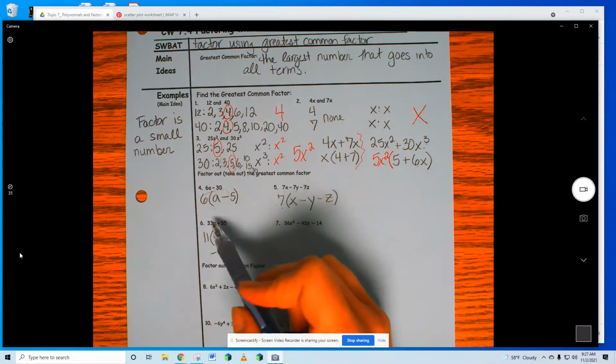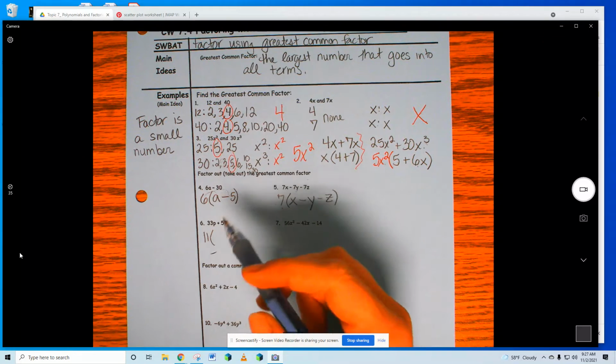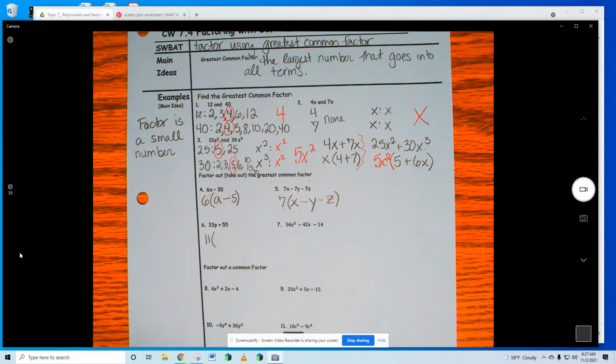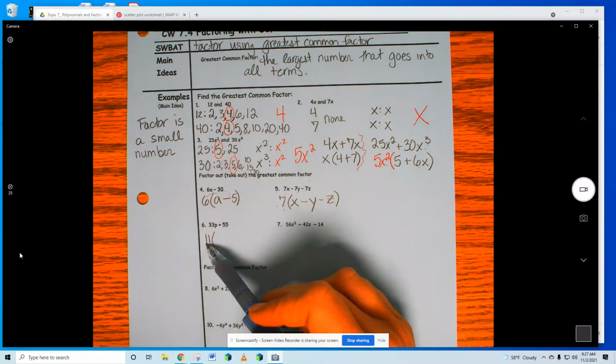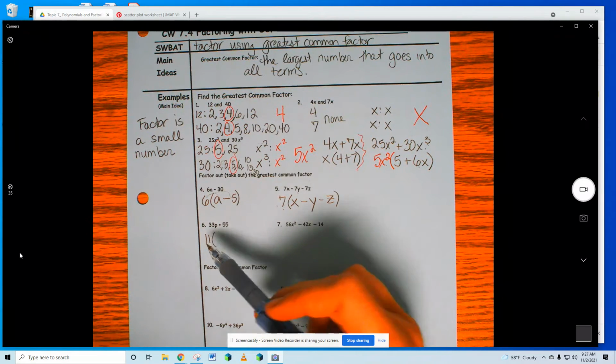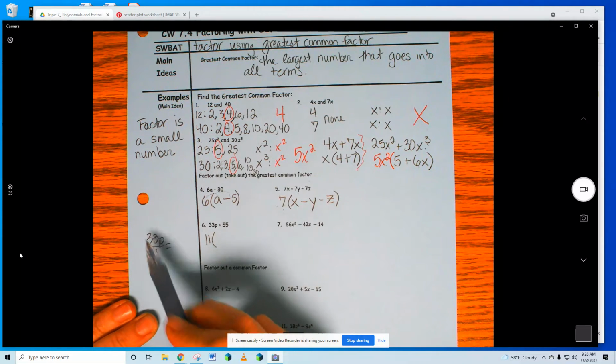33p with an 11 divided out. Go a little slower, guys. Some of you are answering so quick, no one else has a chance of even thinking about it. So if you've already volunteered, take a break. 33p divided out of 11. On the side of your paper, it would look like this. 33 divided by 11.